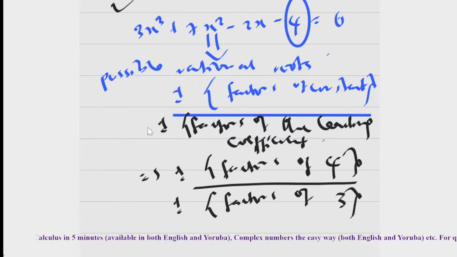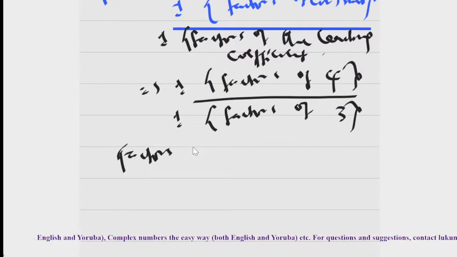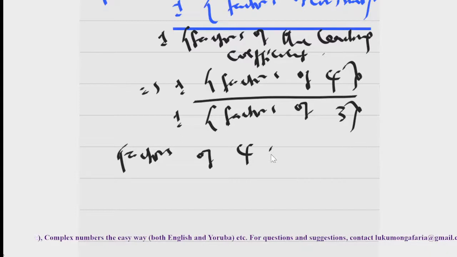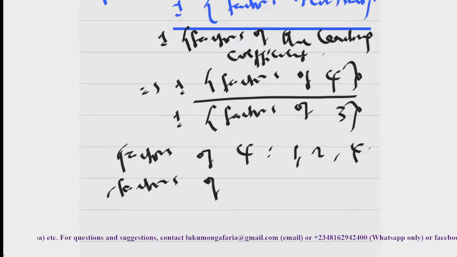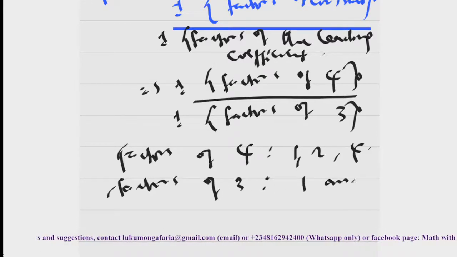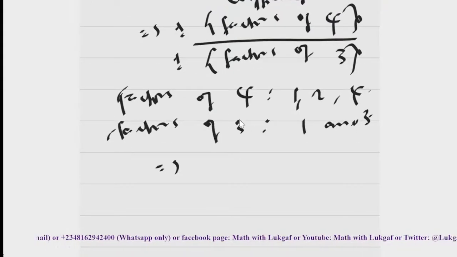And we know factors of 4 are what? What are the factors of 4? So factors of 4 are 1, 2, and 4 itself. Likewise, factors of 3 are what? 1 and 3. So when you want to know the possible rational roots here, you are going to have factors of 4.